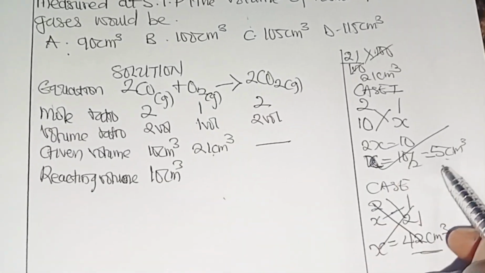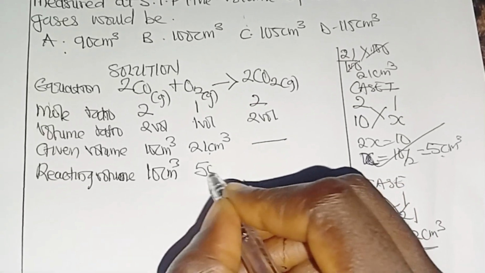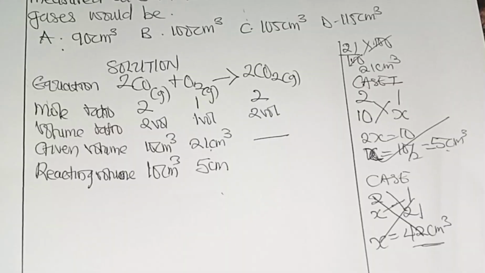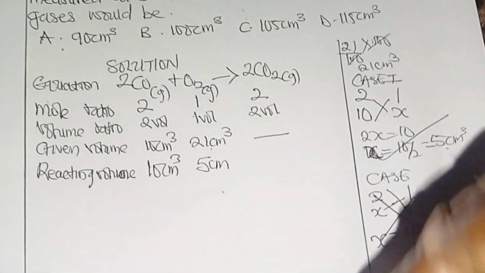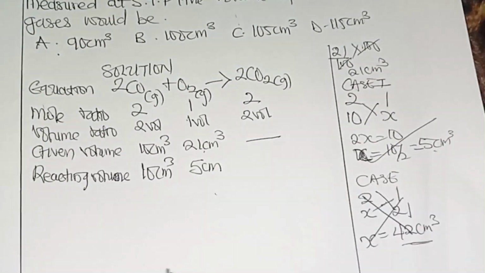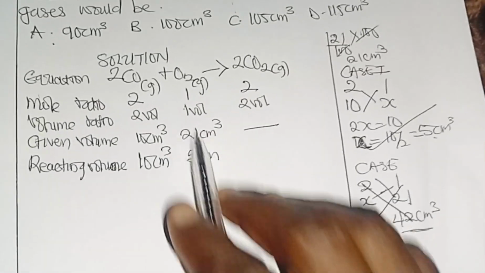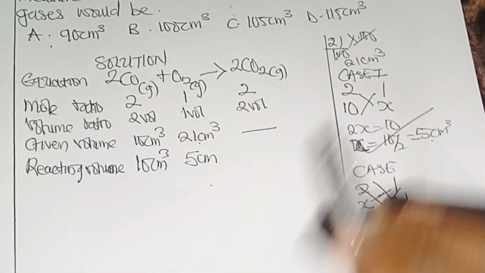And then under oxygen, what will I write down? 5 cm cube. How do I get the volume of the product? Very simple. Which of the reactants did we solve for? We solved for oxygen. We are not using the value we got for CO. So we are making use of the value we got for what? Oxygen.